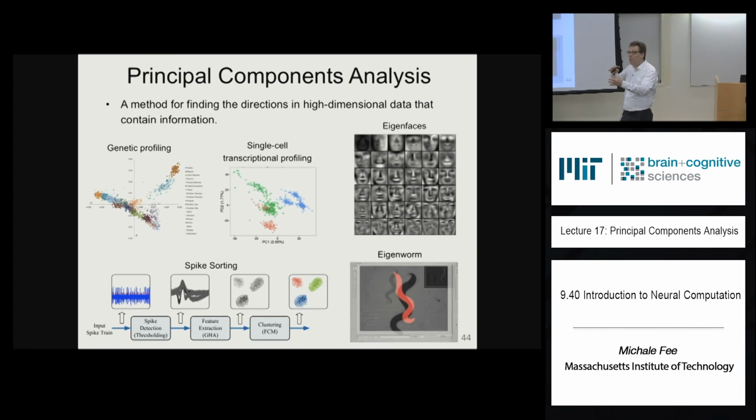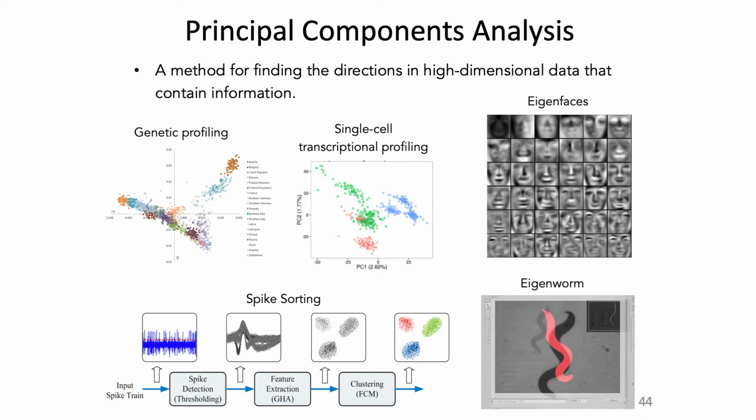And you can find out which directions in that space of genes give you information about the genome of people. For example, if you look at a number of genes across people with different backgrounds, you can see that there are actually clusters corresponding to people with different backgrounds.